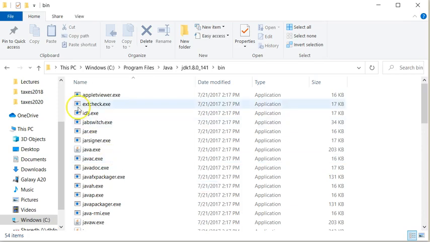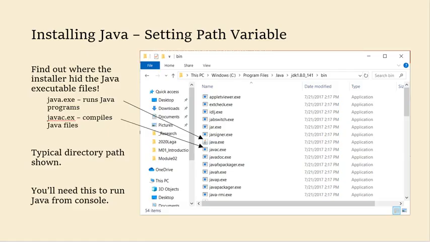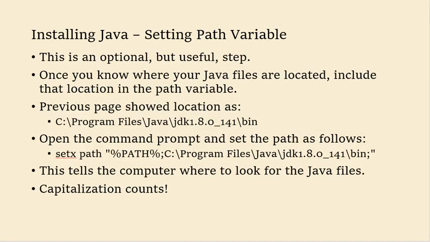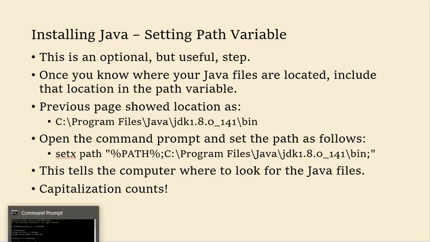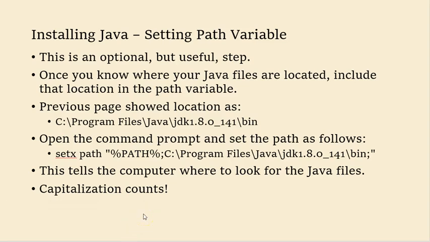What you need to pay attention to is up here in the Windows address bar, that big long path name: C, Program Files, Java, JDK 1.8, and so on, bin. The reason you want that is that if you go into your command prompt and try to run the javac and java files, usually it doesn't work.